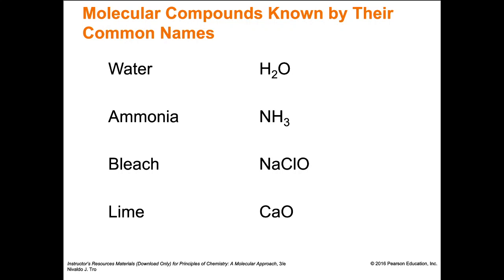The point I'm trying to make is that things we commonly know in the world, like bleach, have a chemical formula. Your toothpaste has a chemical formula. These things in our daily lives all come back to chemicals. So just keep in mind, there are, of course, common names for chemicals as well.